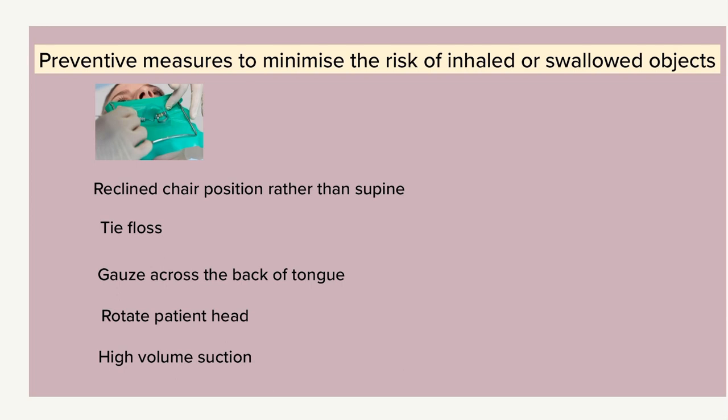If the procedure precludes the use of a rubber dam, other precautions should be taken, which include ensuring a careful and unrushed approach, having the patient reclined rather than supine, having instruments and facilities available that can be used to retrieve an object from the oropharynx, tying dental floss to any object that can be dropped if it's appropriate, placing gauze across the back of the tongue to trap small items, for example a crown, that may be dropped, rotating the patient's head so that a dropped object will fall to the side of the mouth, and using high volume suction.